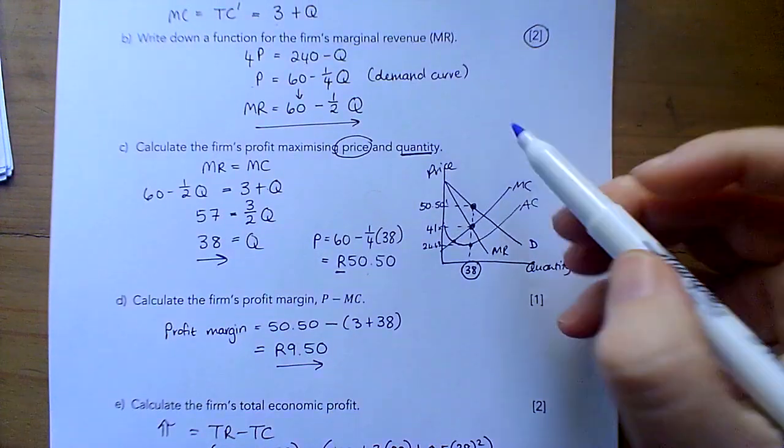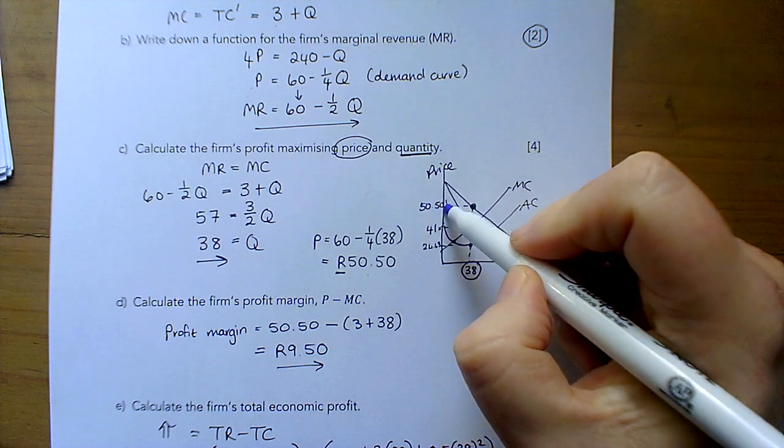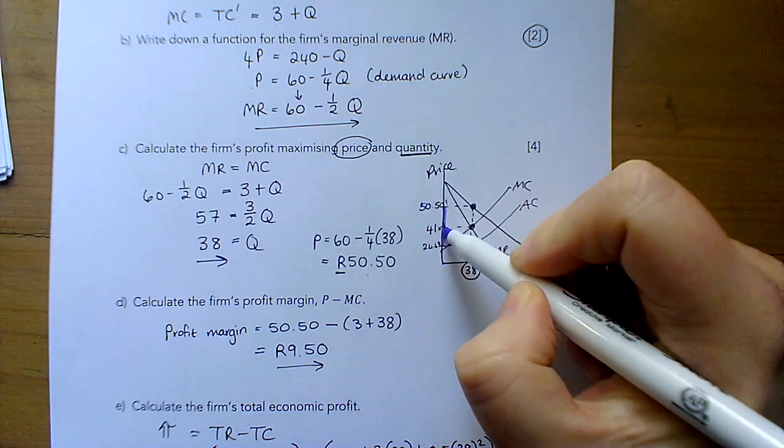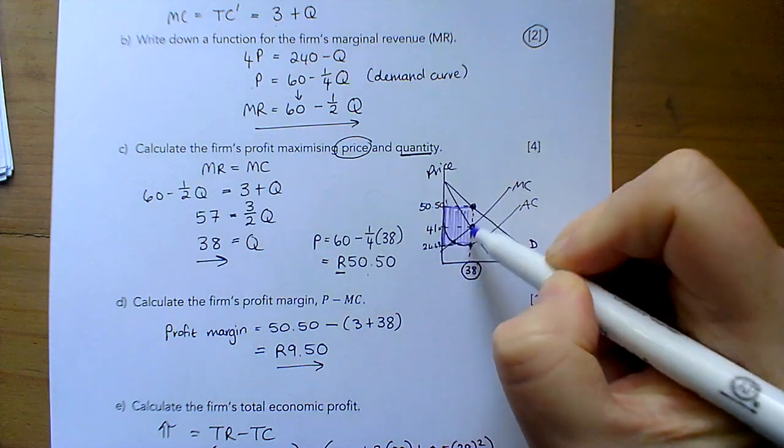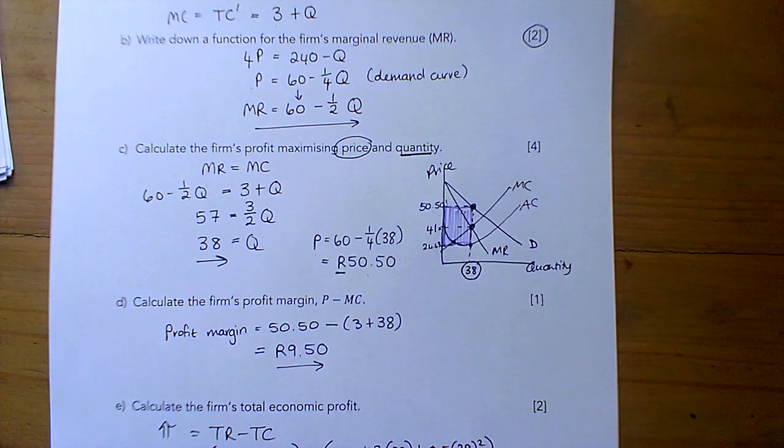And then in this picture, I could color in my profit as the price less the AC times the quantity. So this block here would represent the positive economic profits of this monopoly firm.